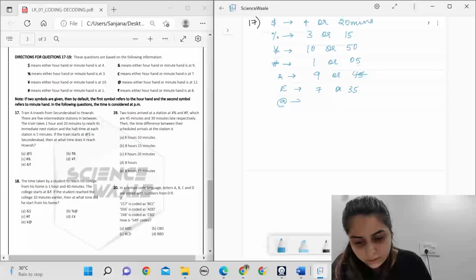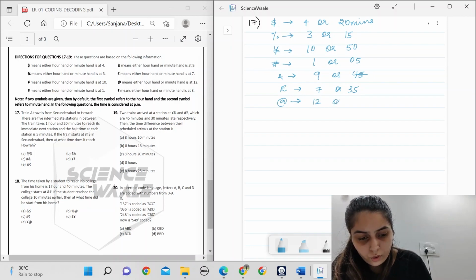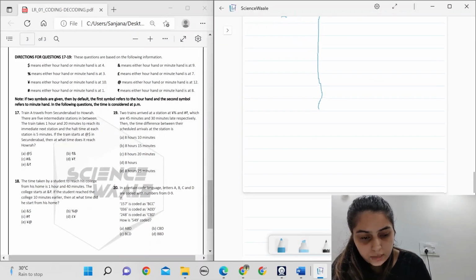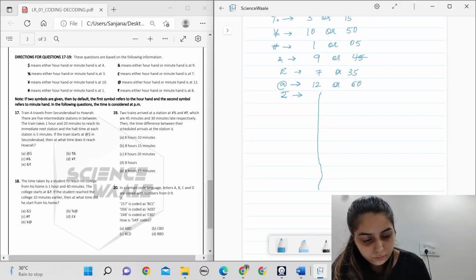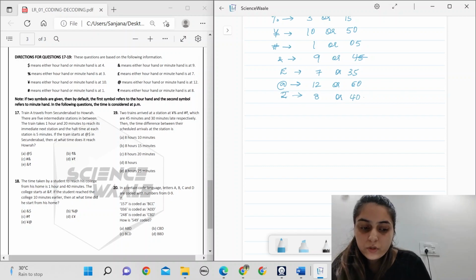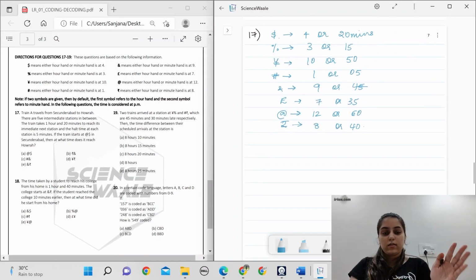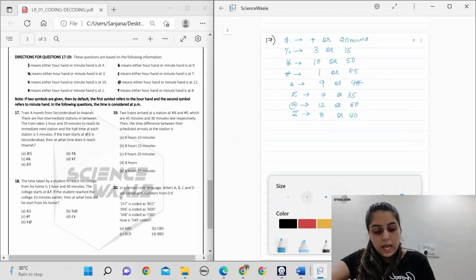At the date, 12 or 60. Rupee is 8 or 40. Okay, so we just need to keep this in mind, which we have noted.